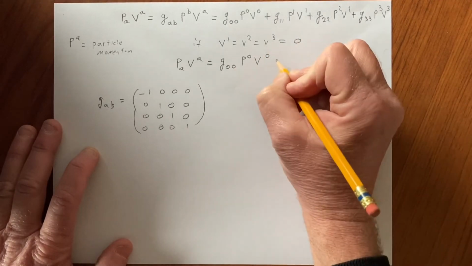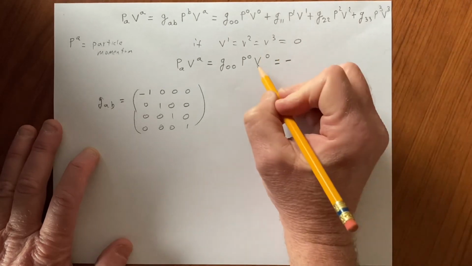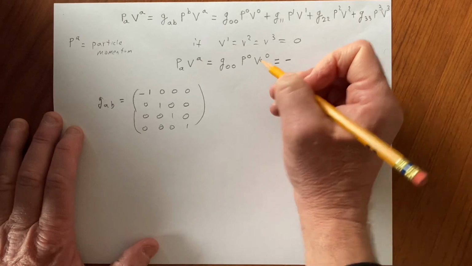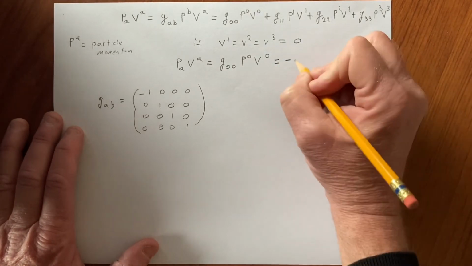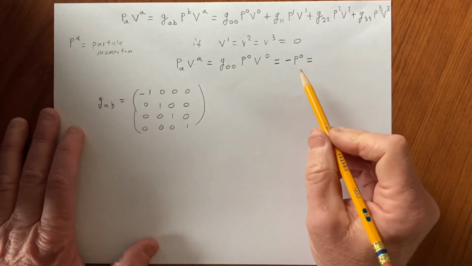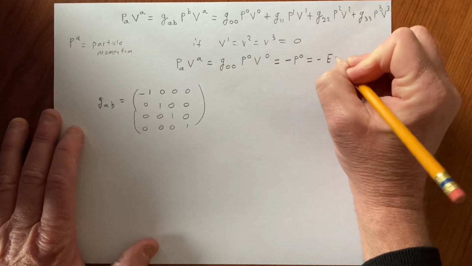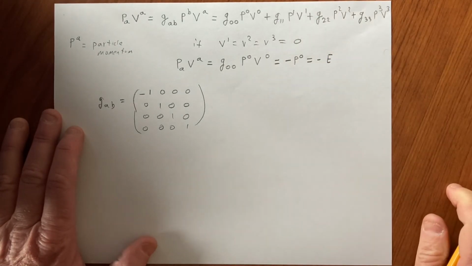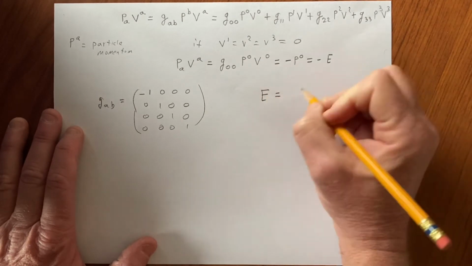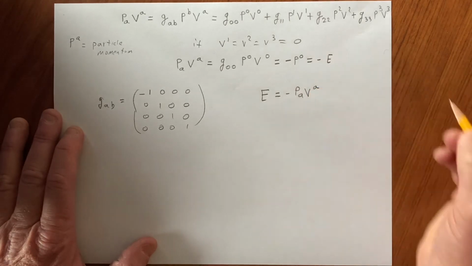So we have a minus sign here, and V naught is just 1, and so we get minus P naught, and that's just the 0th component of the four-momentum of the particle, which we know to be the energy, as we've seen before. And so we can say that the energy of the particle is minus P_A V^A.